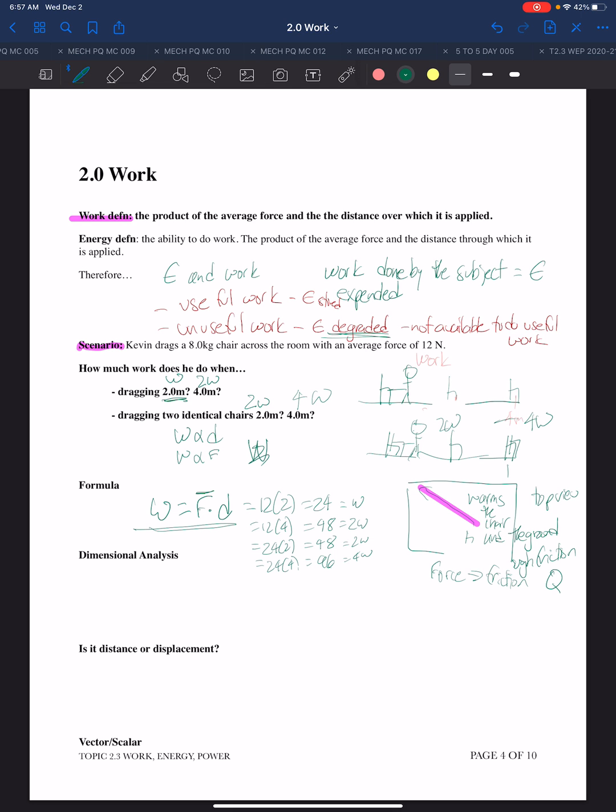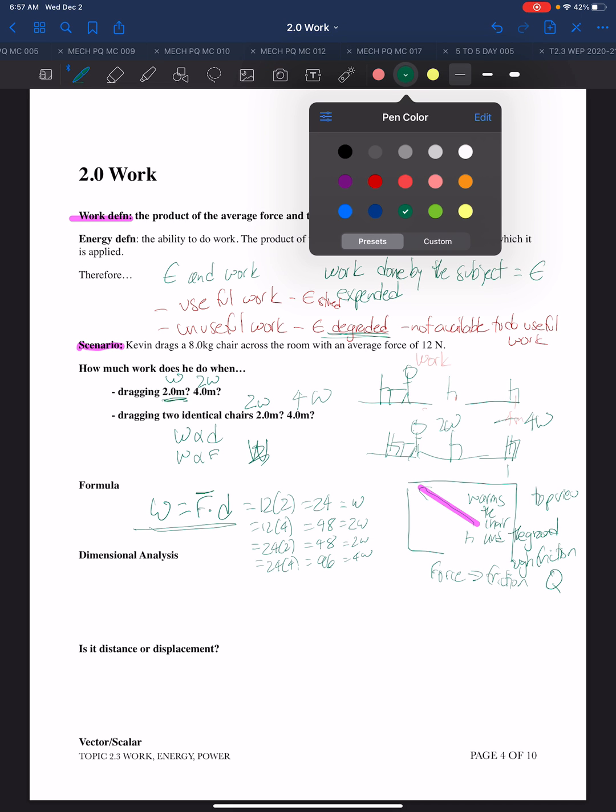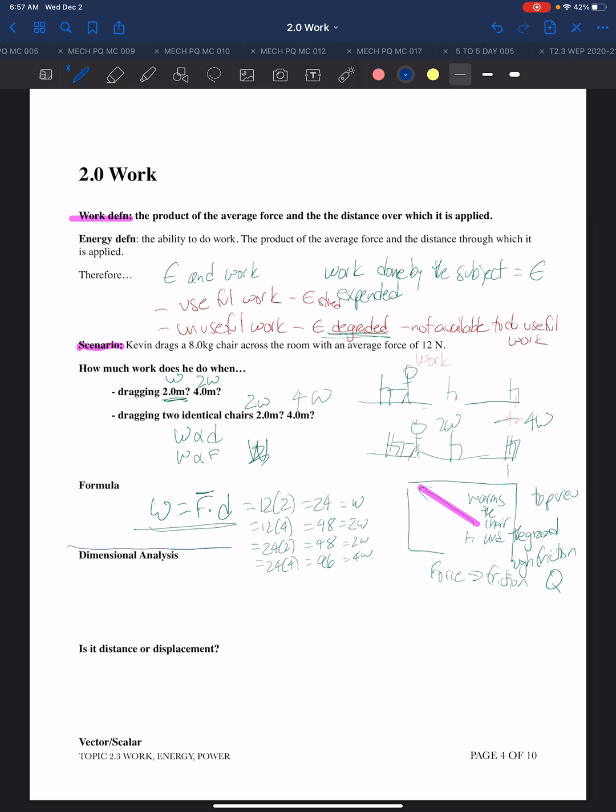Now let's take a look at the dimensional analysis behind this to see what the units of energy and the units of work are.